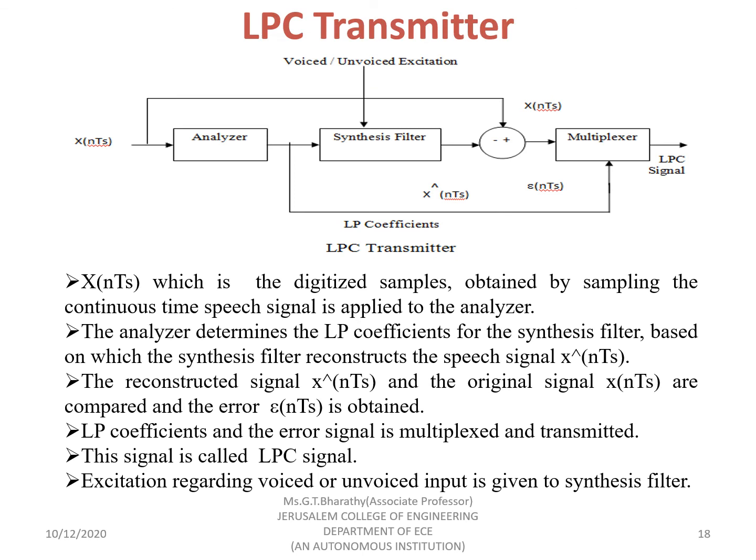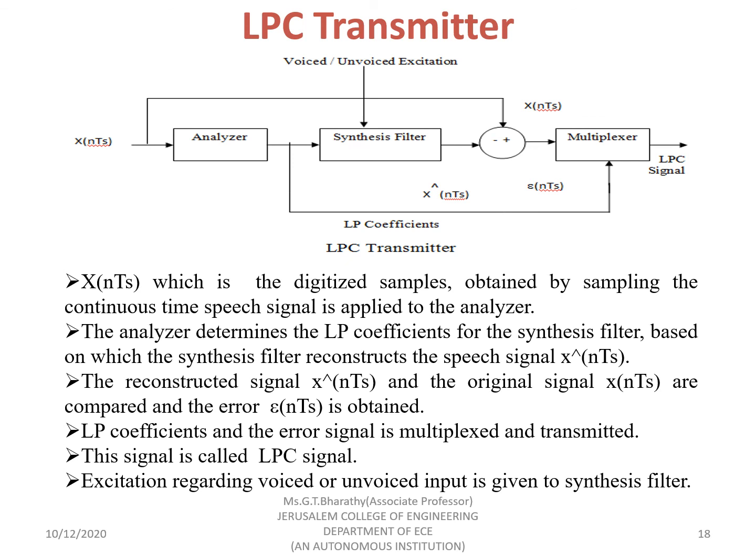So this is the diagrammatic representation of the LPC transmitter. We have the input digitized signal represented by x of nTs that is given to the analyzer. The very purpose of the analyzer is to generate the LP coefficients. The synthesis filter will synthesize the speech signal only when the LP coefficients are given as input.